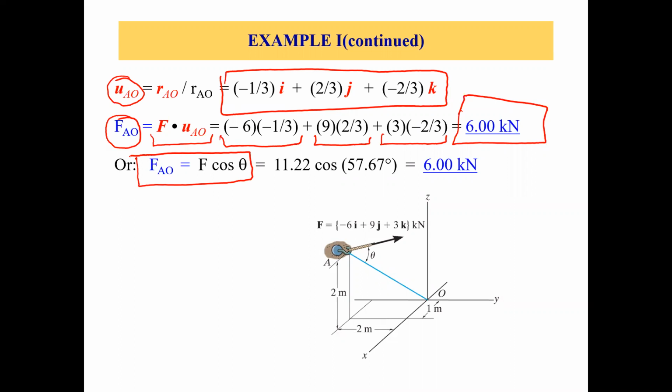So 11.22, which is the force F, times cosine of 57.67 degrees, which is the angle between these two vectors, and we again get 6 kilonewtons as FAO. That way you can check your answer to see whether we are doing it right. Once we have these two, 6 kilonewtons, it means that we are working right. So we have done this problem correctly, and this is a good check.